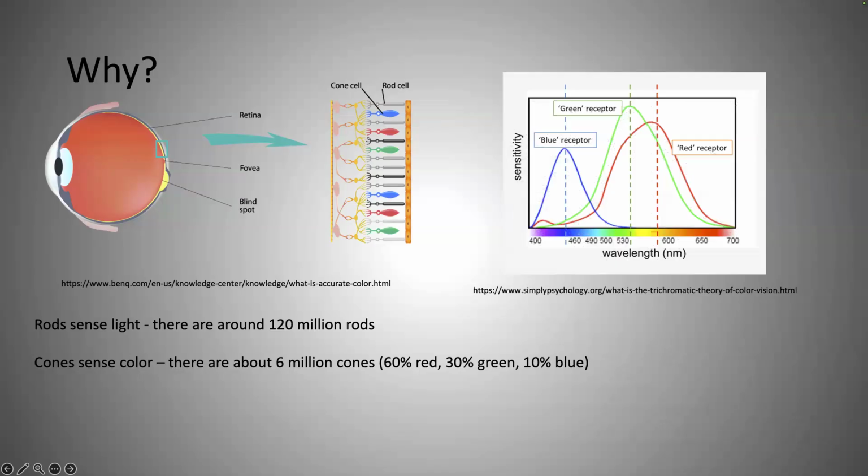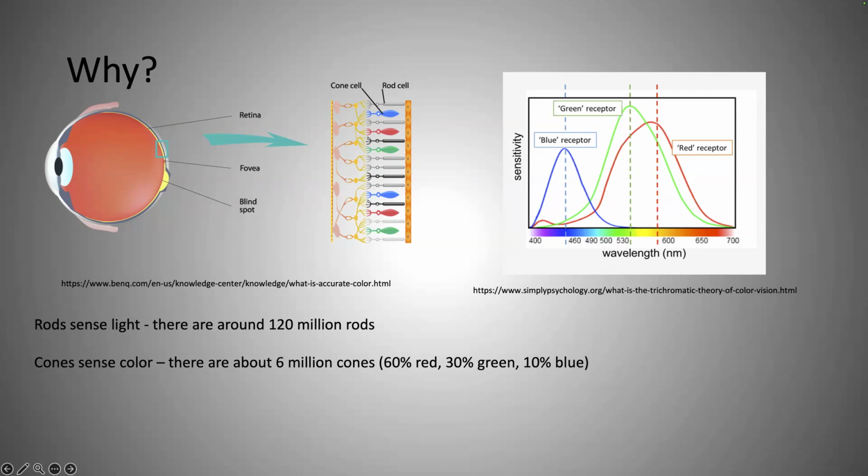So that's why blues don't have as much brightness to our eyes, because we just don't have as many receptors to receive that blue color. Green and red are almost the same. Green's a little bit higher, but it's interesting that our eyes work on red, green, and blue, right? Kind of interesting how sensitive they are. And our eyes are more sensitive to warmer colors compared to cooler colors, right?